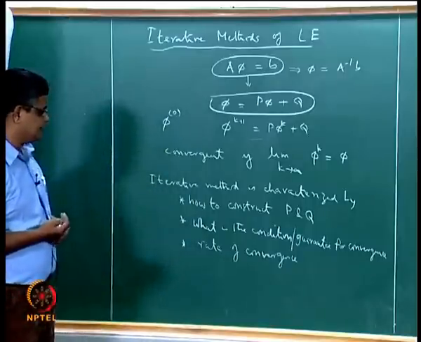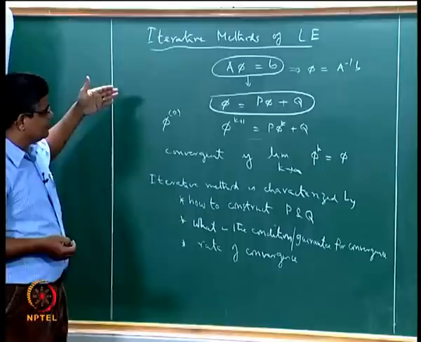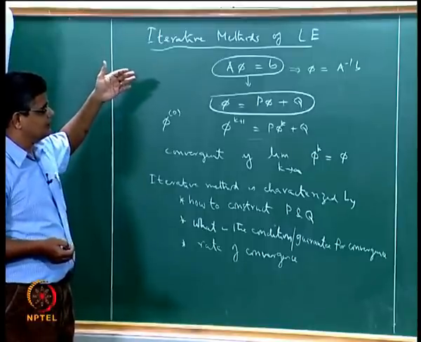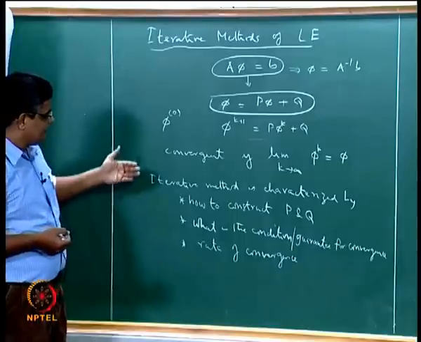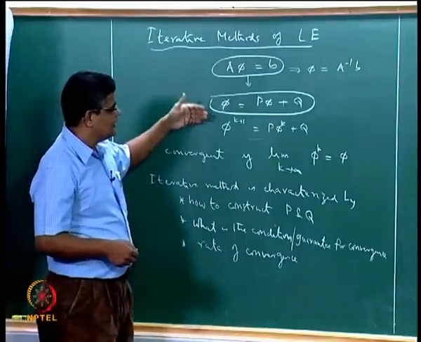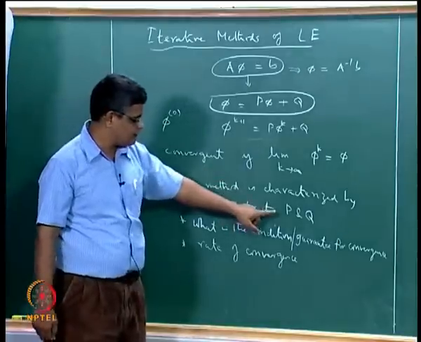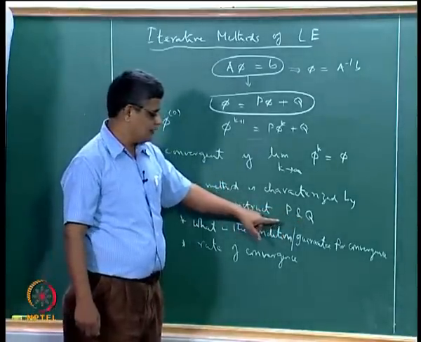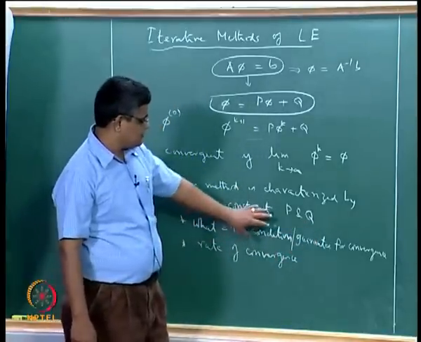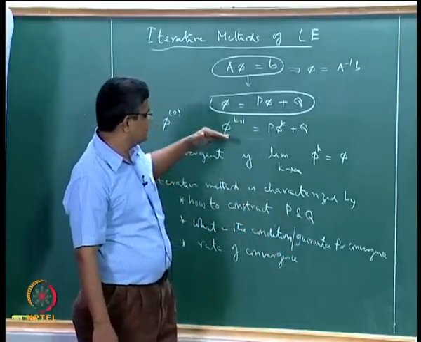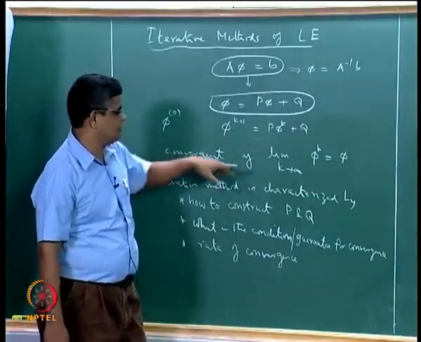In that sense the approach for an iterative solution is different from that for a direct method. Provided we have a P and Q which guarantees convergence, we are going to get an ever improving solution for phi.